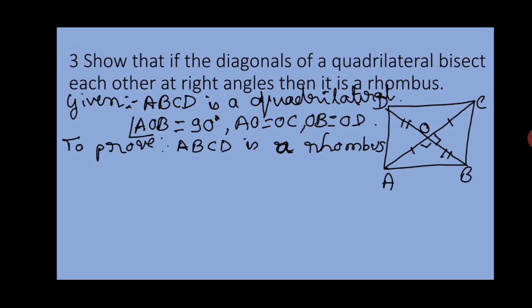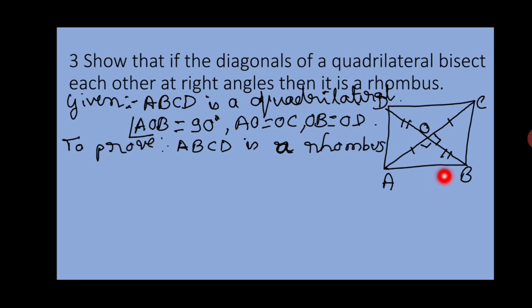What is the property of a rhombus? All sides are equal and the diagonals bisect each other at right angles. One condition is given: the diagonals bisect each other at 90 degrees. Then we have to prove each side of the rhombus is equal.